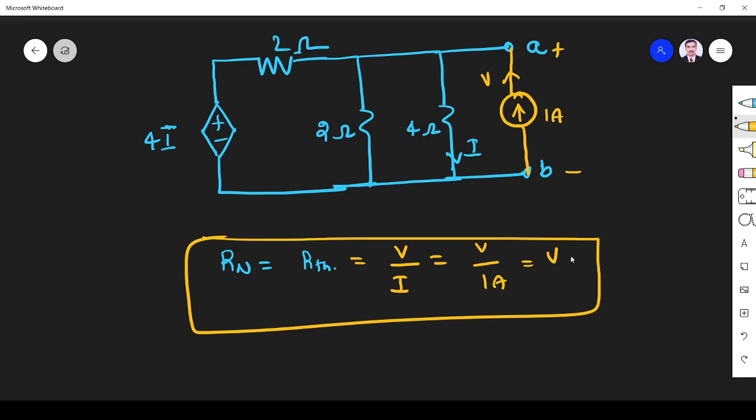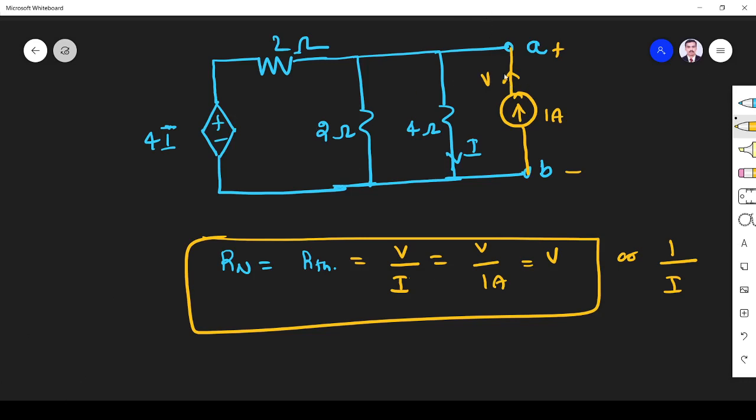If we use a voltage source, V is 1 volt, the current you will find, that is your R Norton. Since I have used a current source, V by I with 1 ampere is equal to V. So if I find V, that will give R Norton.